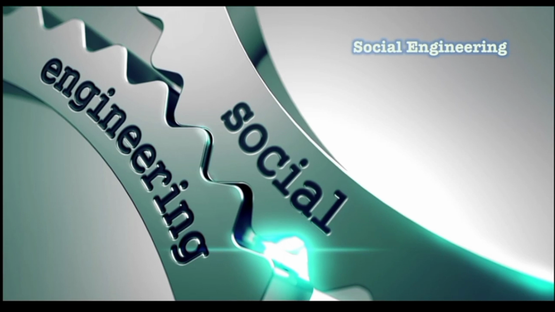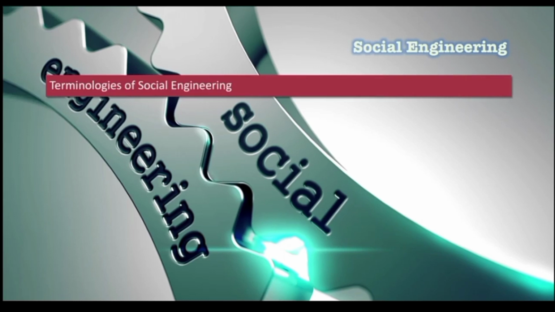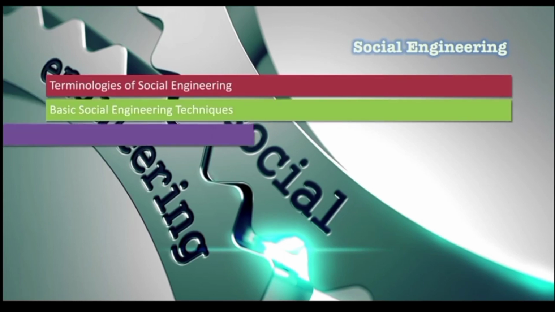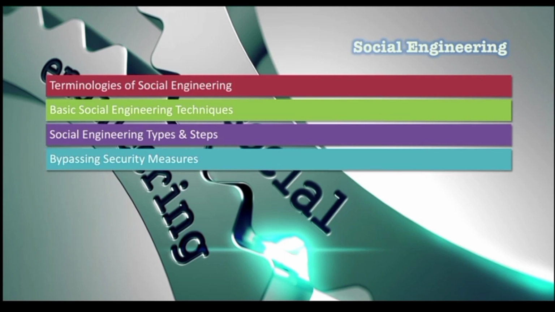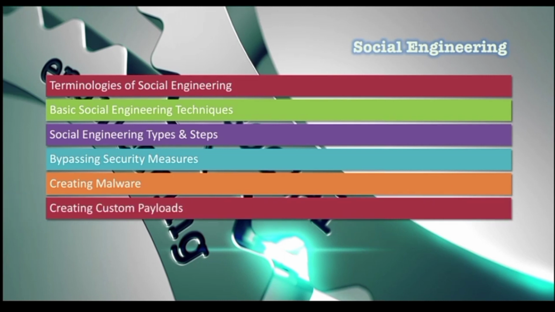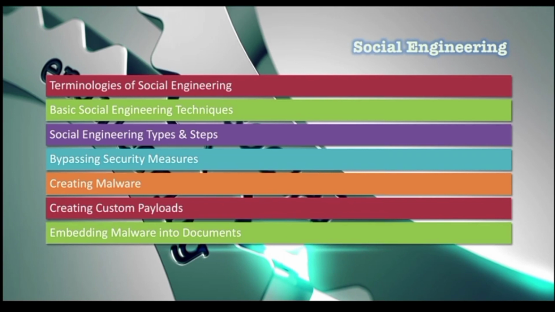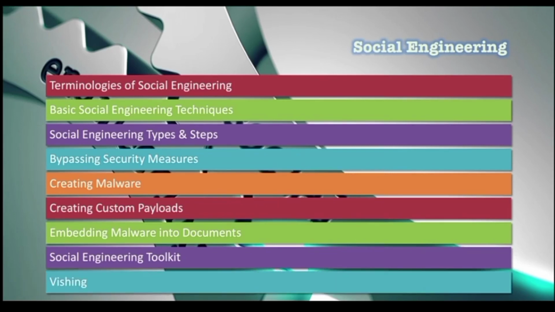And you're going to learn the following about social engineering: the terminologies and definitions, basic techniques, the types and the steps of social engineering attacks, how to bypass security measures, how to create malware, how to create custom payloads to use inside the malware, how to embed the malicious code into documents, the social engineering toolkit, and social engineering via phone, also known as vishing.